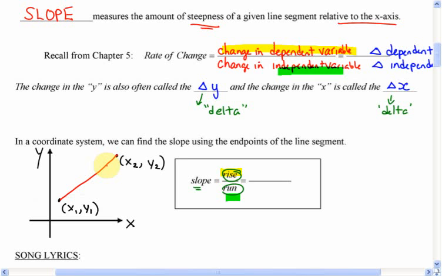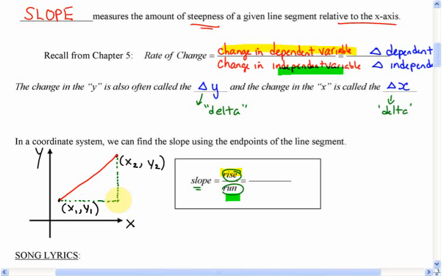Now, how are we going to do this? What do we have to calculate? What did we do with the question with the roof? We found the rise and we found the run. Now, can you draw me where you can find the rise and run on this picture? If you were to draw a vertical line like this and a horizontal line like this, which one's the rise again?